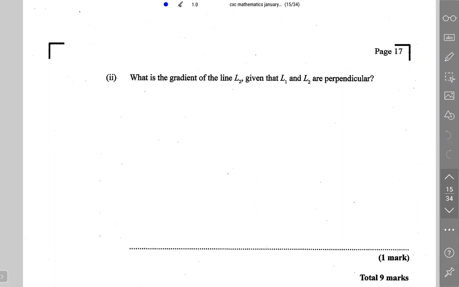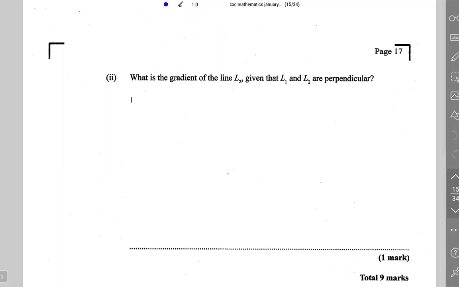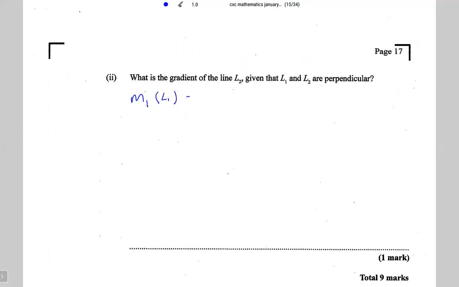And the implication of that is this. If I know the gradient of a line, to find the gradient of a line that is perpendicular to it, I must invert the gradient and change its sign. So M1, the gradient of L1, is minus a half.